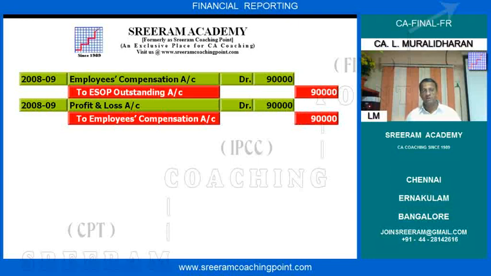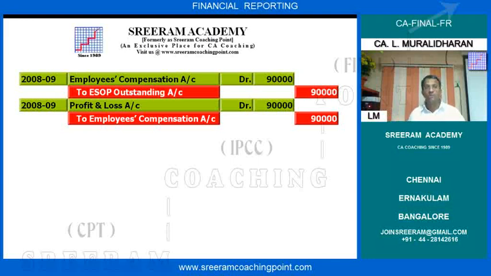So since there is no future for that, whatever is remaining in that employees outstanding account should be taken up and recognized as expenditure in the third year itself, including that of the fourth year. Had it been for all the 4 years, we would have taken up 45,000 in each one of those years, whereas in the third year, we are accounting for the third year as well as for the fourth year.